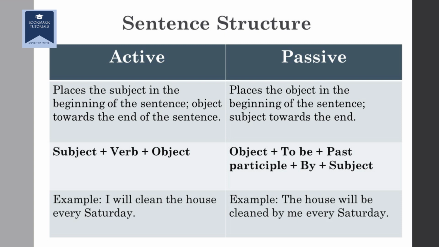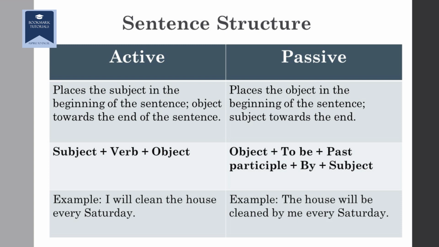We can see that the positions of the object and the subject have been swapped in the passive voice. It follows the structure object plus form of verb to be plus past participle plus by plus subject. For example, the house will be cleaned by me every Saturday.